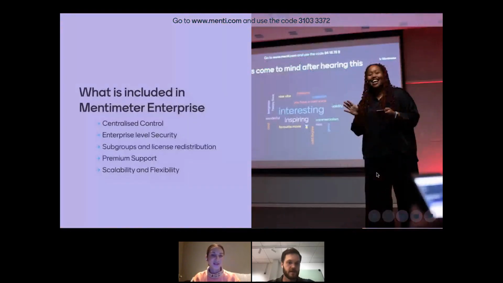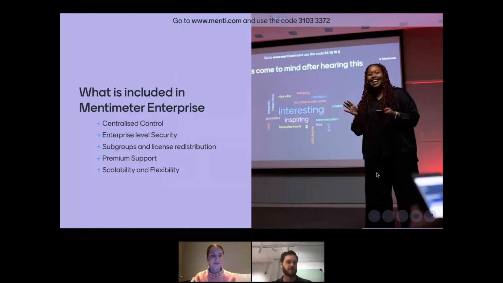So what is included in Mentimeter Enterprise? Yes. Adrian, do you want to summarize all this? Sure. So Mentimeter Enterprise is really good for you if you want to level up your Mentimeter experience and spread it more inside your organization. Mentimeter Enterprise gives you better centralized control in administrating your Mentimeter experience and distributing licenses. We provide you enterprise level security, of course. As I said, we follow the laws in GDPR.